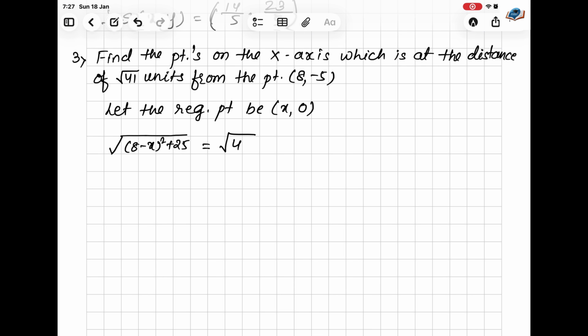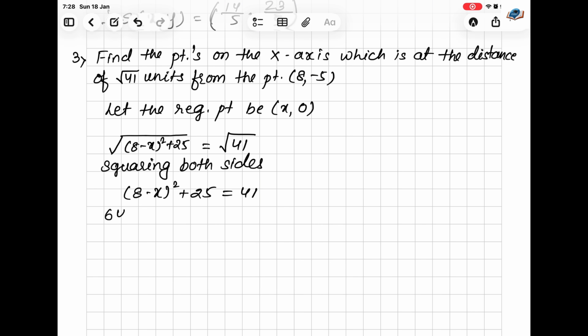Now if I square both sides, so I will have (8 minus x) whole square plus 25 equal to 41. So 64 minus 16x plus x square plus 25 equal to 41.